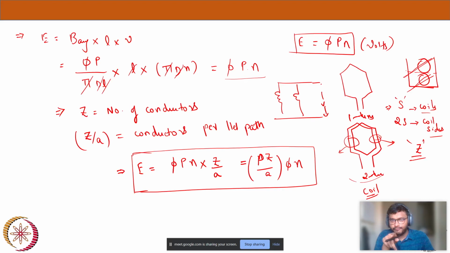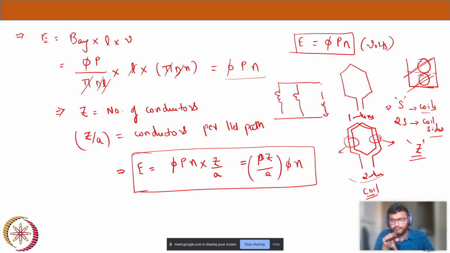EMF polarity can be decided by the right hand rule, where my thumb denotes the velocity of motion, my index finger denotes the direction of the field, and my middle finger gives the direction of the induced EMF. Based on this, we have the EMF polarity: dot convention under the south pole and cross convention under the north pole.